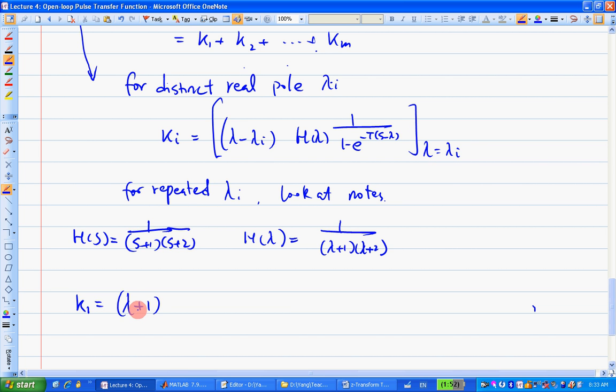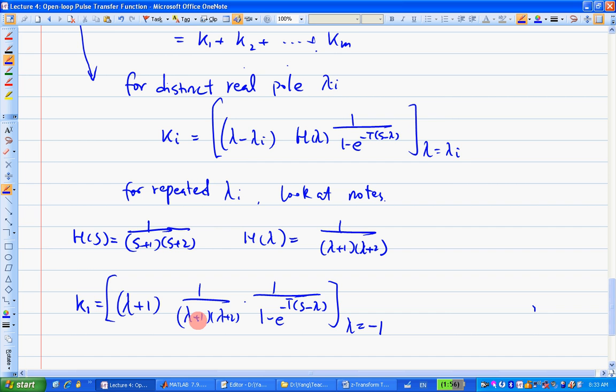So lambda plus 1 multiplied by H of lambda, multiplied by e to the power of t(s minus lambda). Then we set lambda equal to -1. You see, it's not 0, because this cancels first.